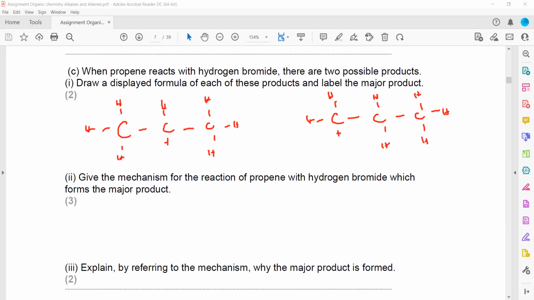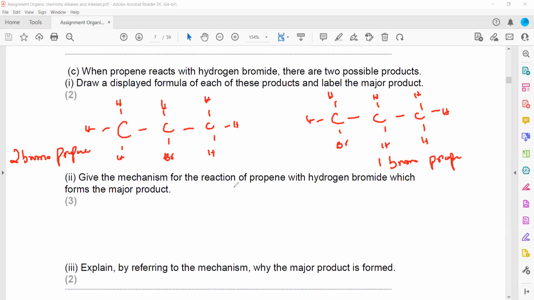On the left-hand side, because it has more alkyl groups surrounding it, that will be the major product. So 2-bromopropane will be the major product, and 1-bromopropane will be the minor product.